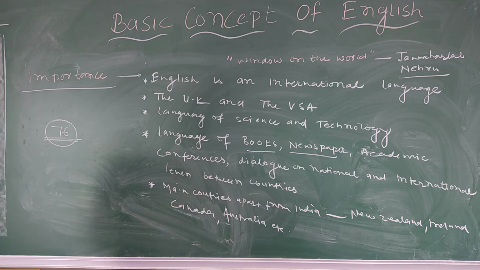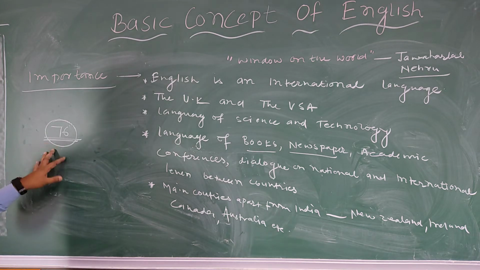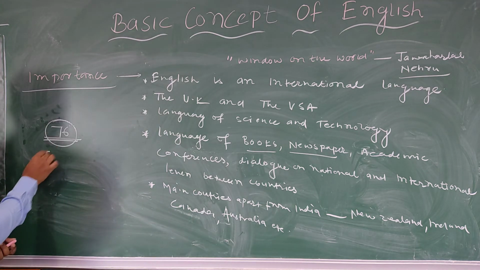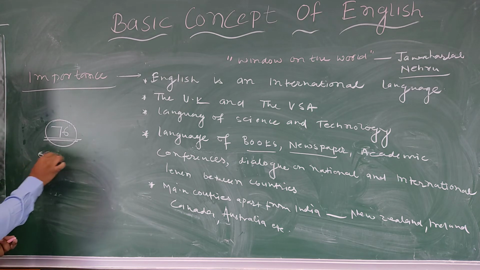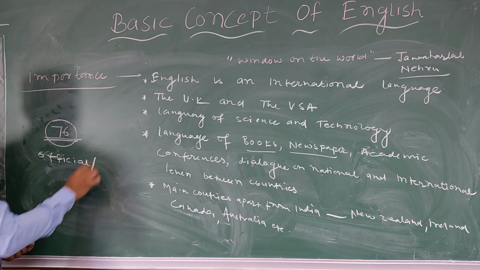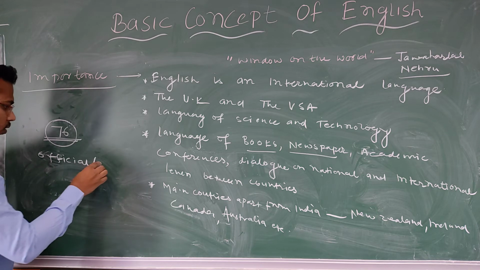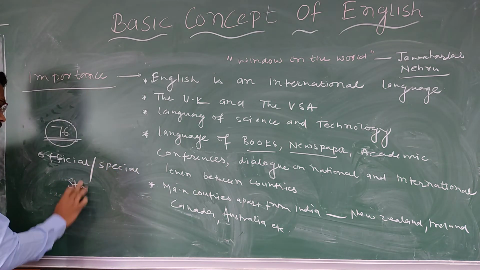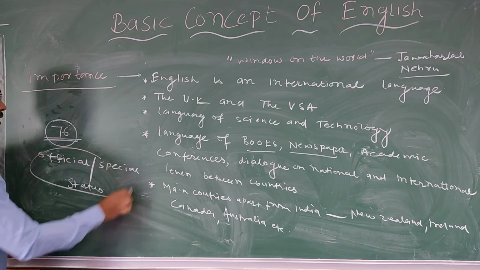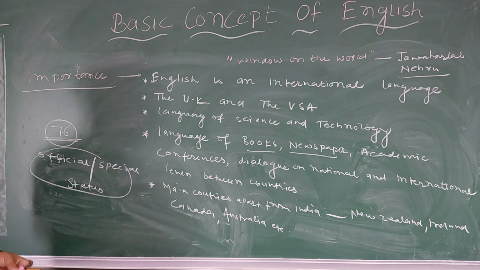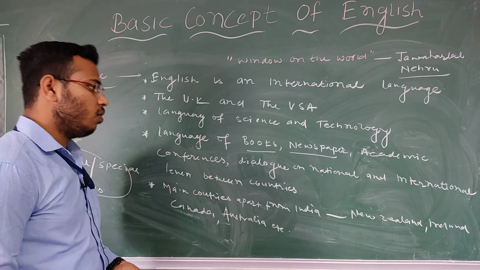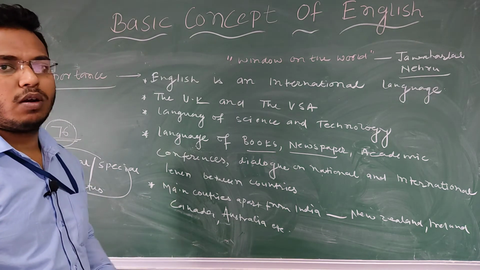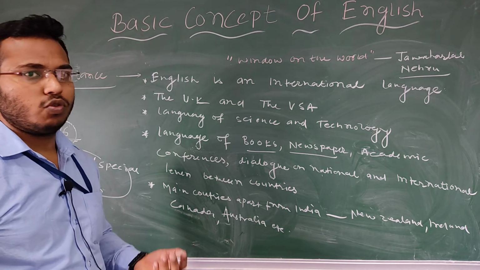So that is why we say it has an official or special status in at least 76 countries. It is difficult to name or list them, but we can think of our neighbor countries. They use English language in most of their works.